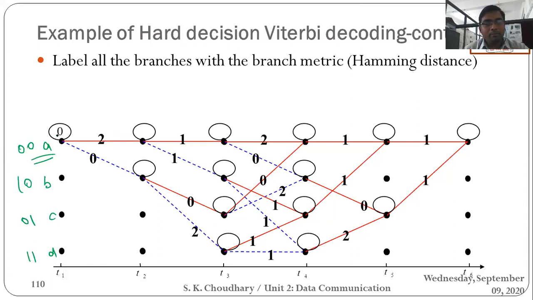For example, here we have to start with a 0, and there are two possibilities from A: either you move to A again, or you move to B. We have to keep in mind what we have received.